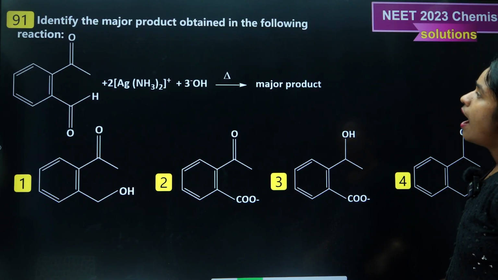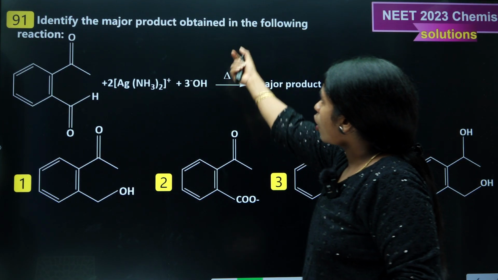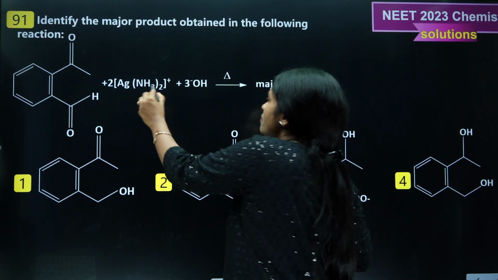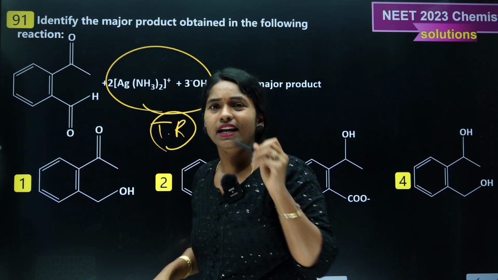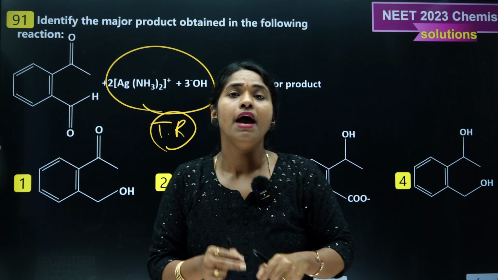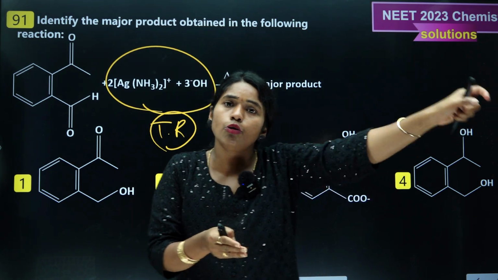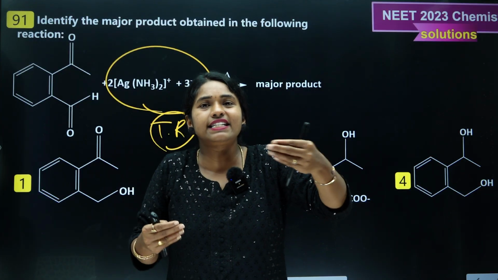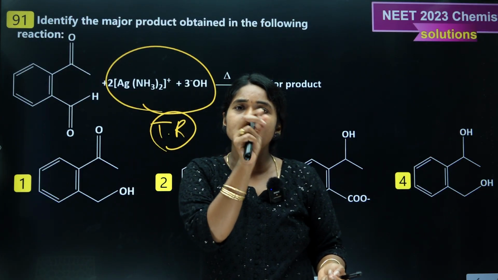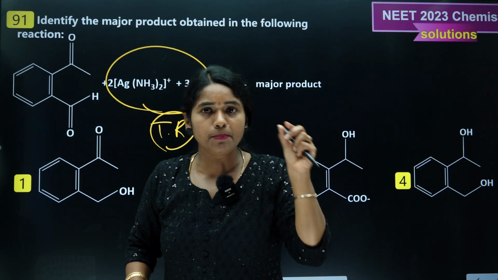See the next one. Identify the major product obtained in the following reaction. This is Tollens reagent. Tollens reagent mainly acts on the aldehyde group. It converts the aldehyde group into the salt of the carboxylic acid, and Tollens reagent itself will be converted into Ag. In Tollens reagent, silver is in +1 state.